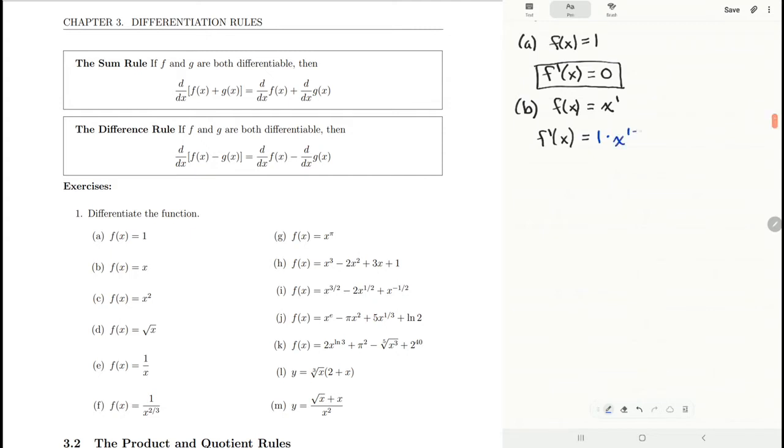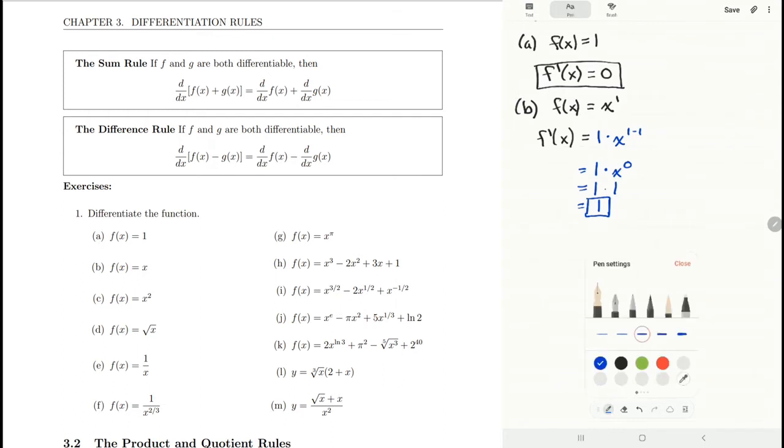So we have 1 minus 1. So that is 1 times x to the power of 0. And anything to the power of 0 is equal to 1. So we have 1 times 1, which gives us 1. And so the derivative of x is equal to 1.